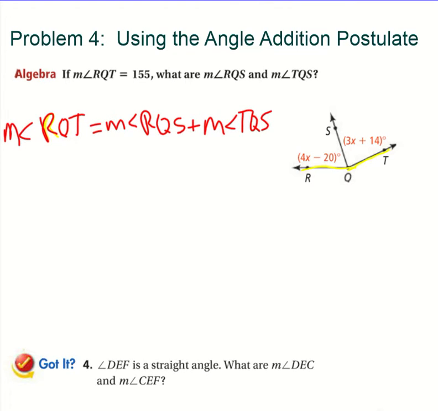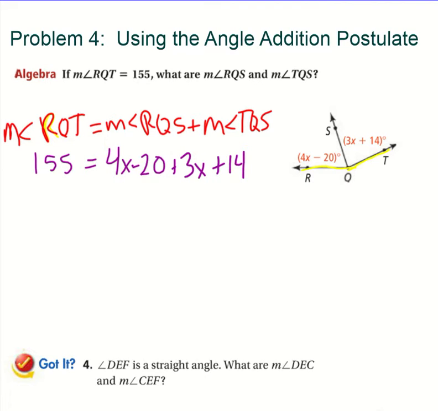Now we can plug in all those values that we know. We know that RQT is 155 degrees. We know that RQS is 4x minus 20. We know that SQT is 3x plus 14.